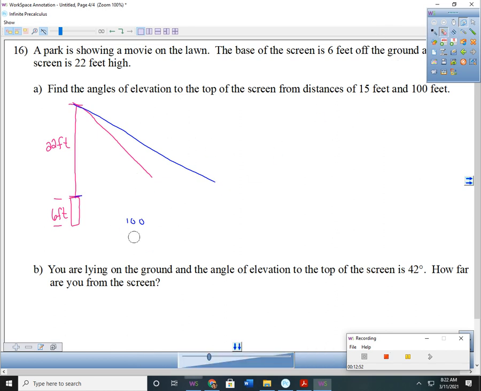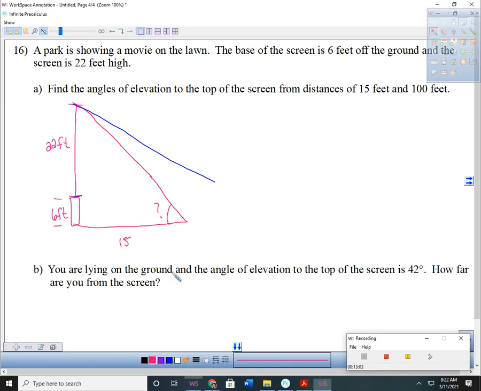Okay, that might be helpful. We're on the ground. 15. And we're going to find that angle, which we're calling A. And then you have another dude that's 100 feet out, and we're calling that B. And that's 100 feet. Okay. Well, that makes a little more sense now that we're not hovering.